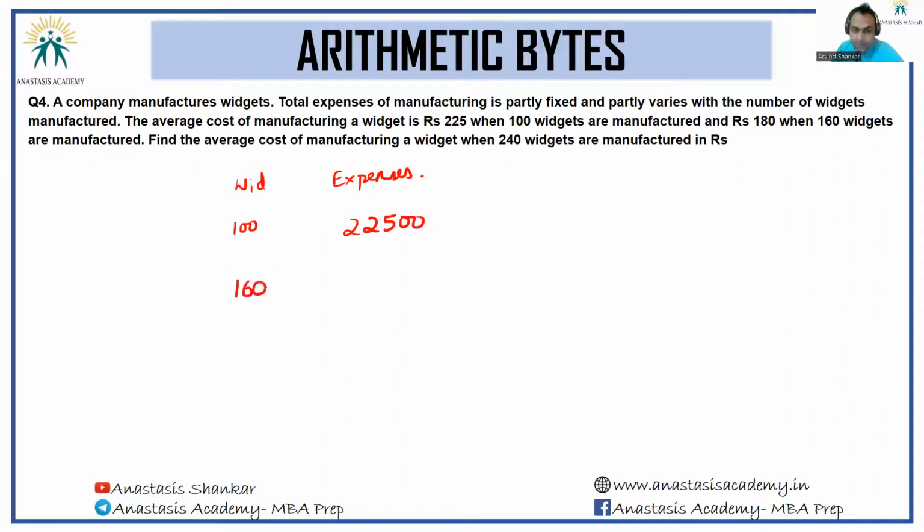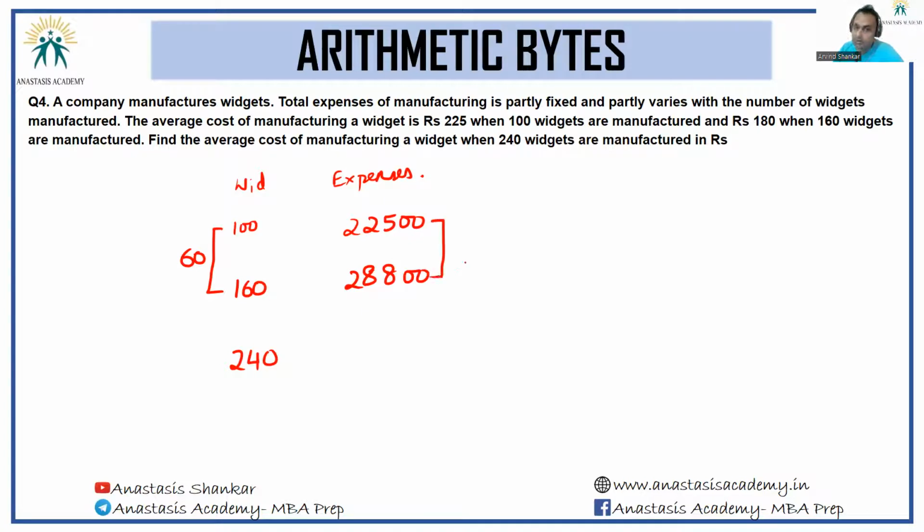So 160 widgets leads to total expenses of 28800. Find the average cost of manufacturing a widget when 240 widgets are manufactured. What you can observe here is, see the count of widgets has gone up by 60.